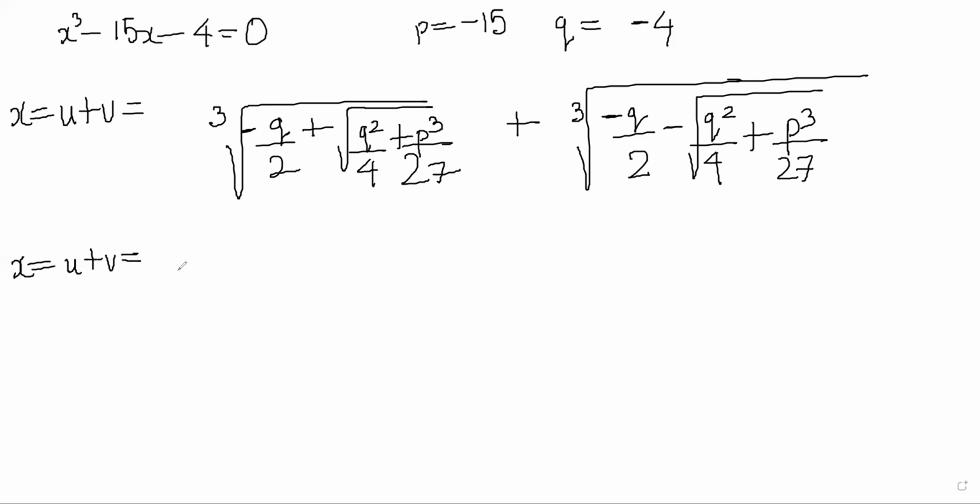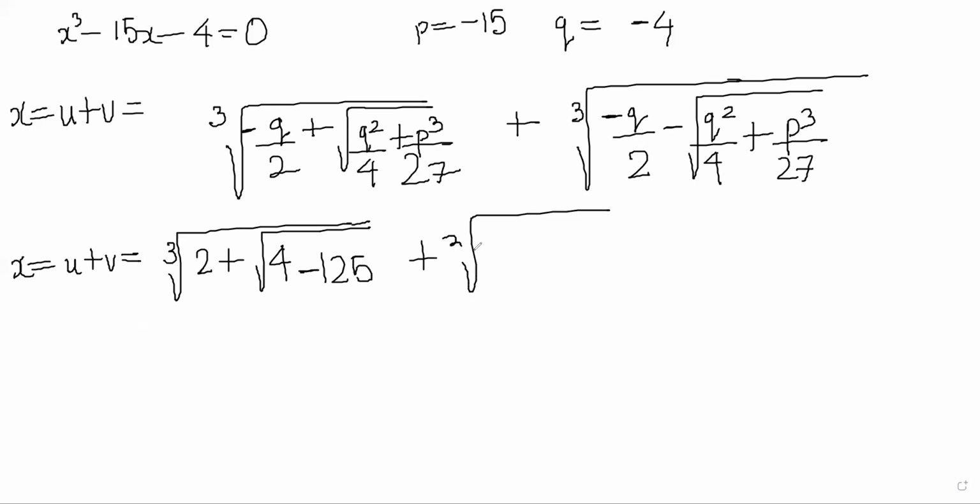If this is a root, then putting the values, x is equal to u plus v, we are getting cube root of, when you put minus q by 2, you get 2 plus root of 4 minus 125, plus cube root of 2 minus root of 4 minus 125.